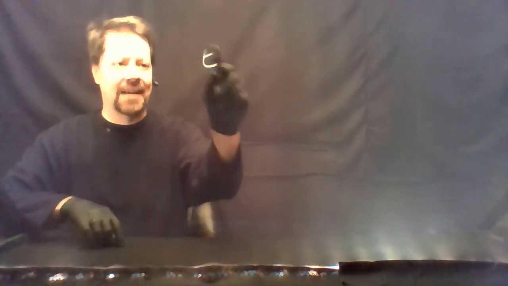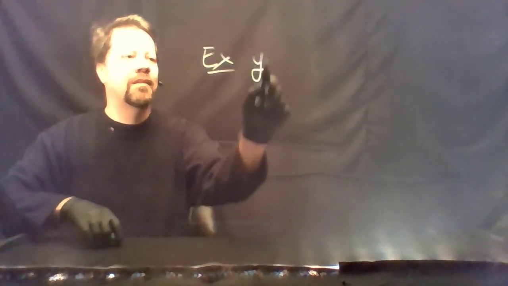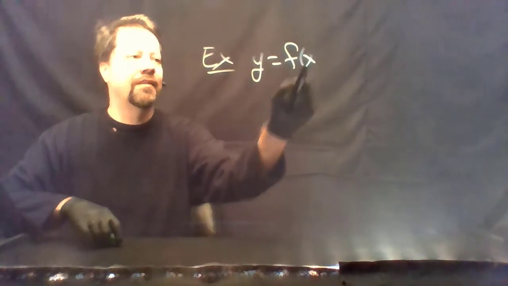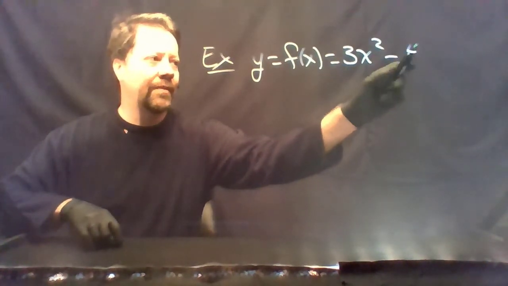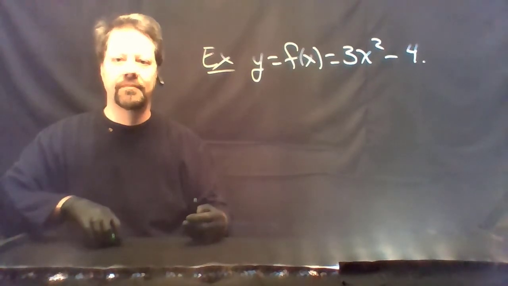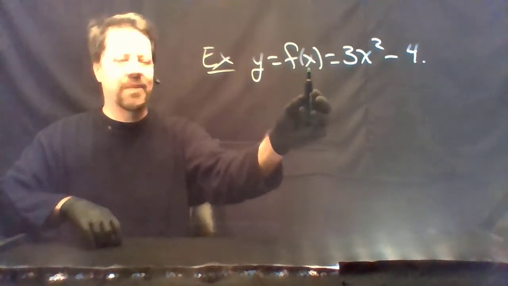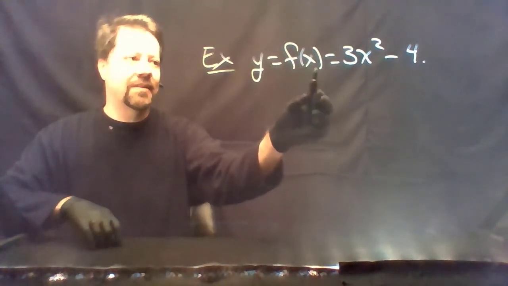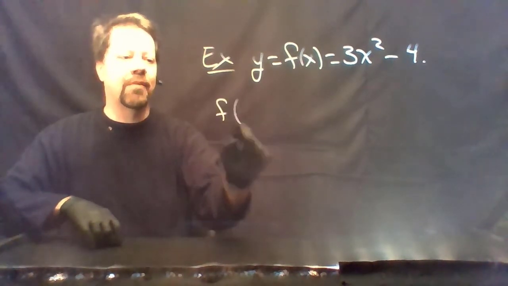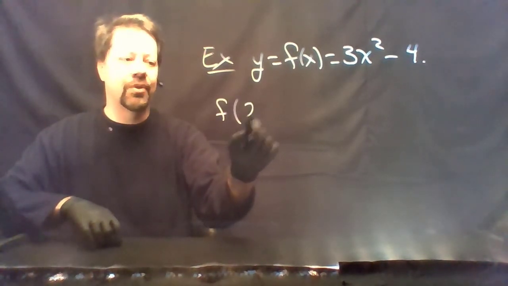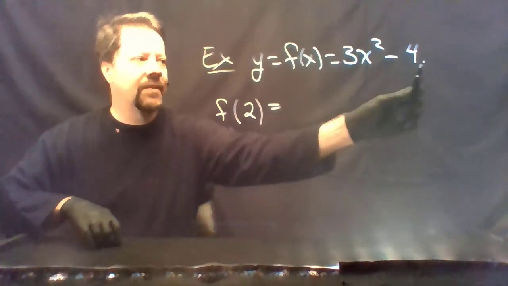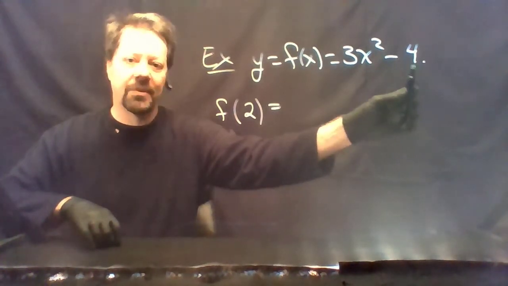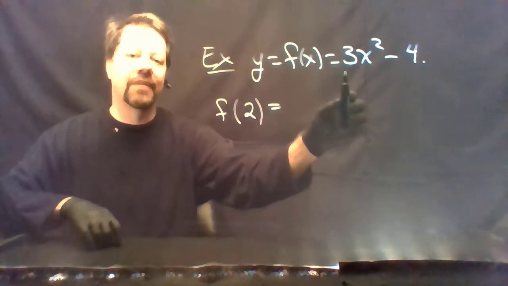Now, let's give an example. Suppose my function is f(x) = 3x squared minus 4. The way that we interpret the parentheses notation is, if I want to shove in a number, let's say 2, this sequence of symbols represents an algorithm.